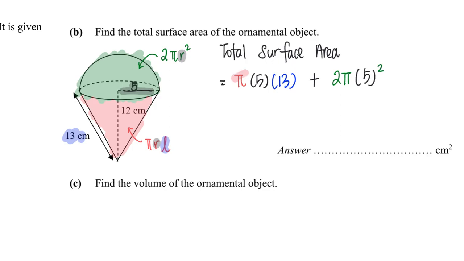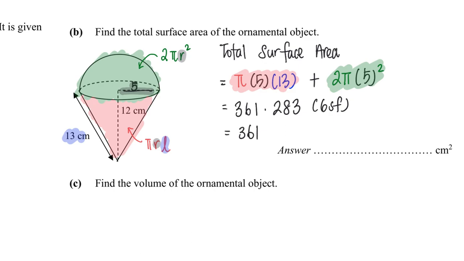This is my red color area and this is my green color area. And I will get 361 point something, give answer to about 6 sig fig, followed by 361 cm square to 3SF.